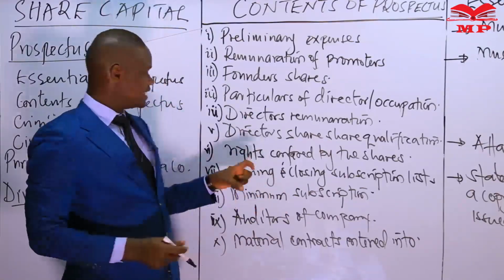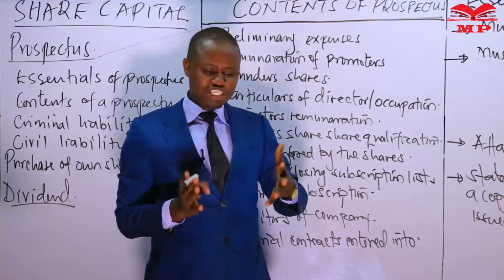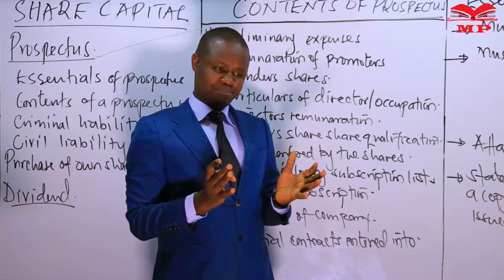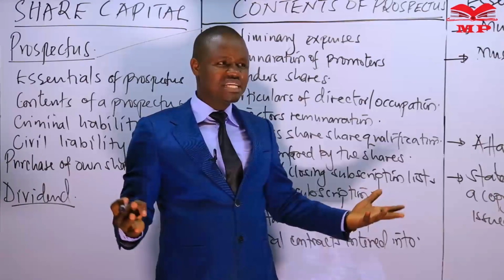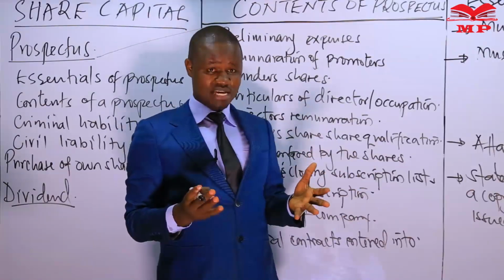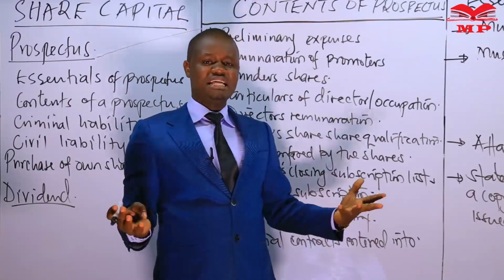Basically, what we are saying is that this prospectus should be giving us information relating to who manages this company. What kind of shares are we buying? What prices? When do we start buying? What kind of rights are they giving us? Then the company itself, how long have you been doing business, if less than 3 years?